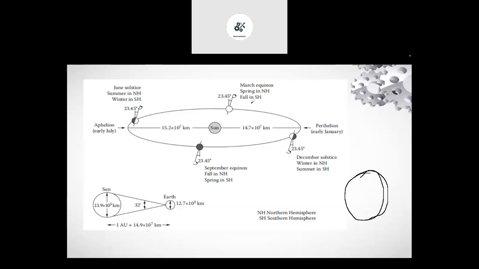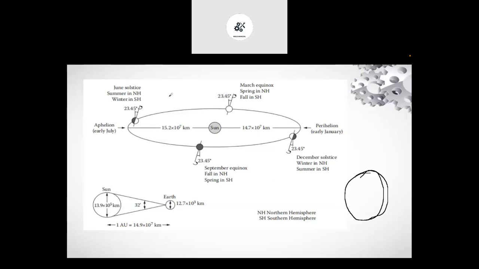At the same time, the earth is tilted from its axis by 23.45 degrees. And because of that, we observe different types of seasons. Okay, so these are the geometrical relations between sun and earth.